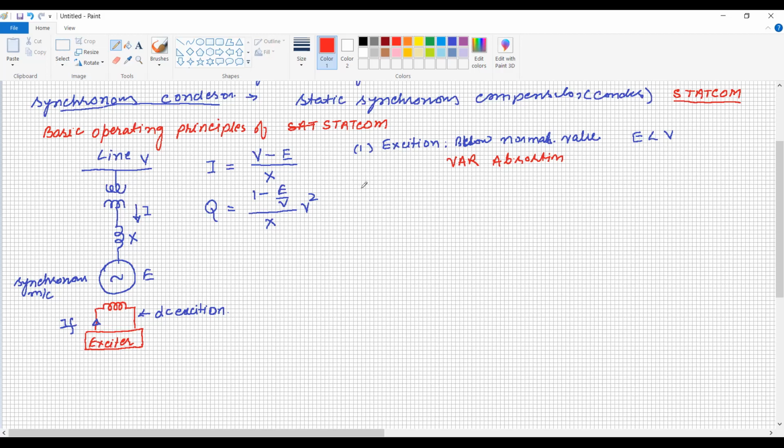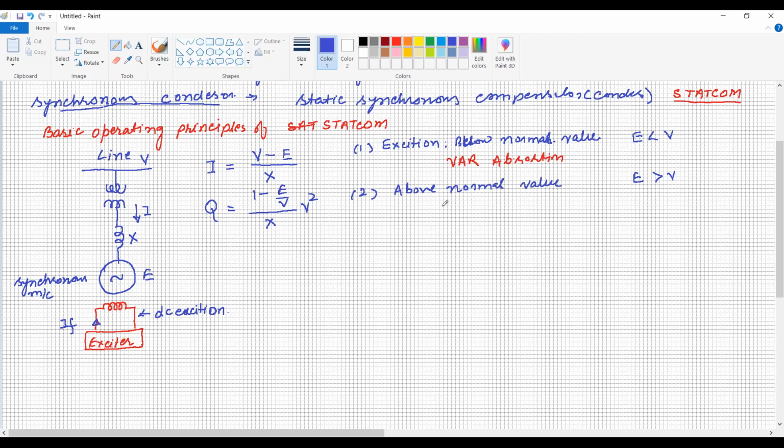Second case, when excitation is above normal value, that is, the back EMF E is greater than the supply voltage or system line voltage.